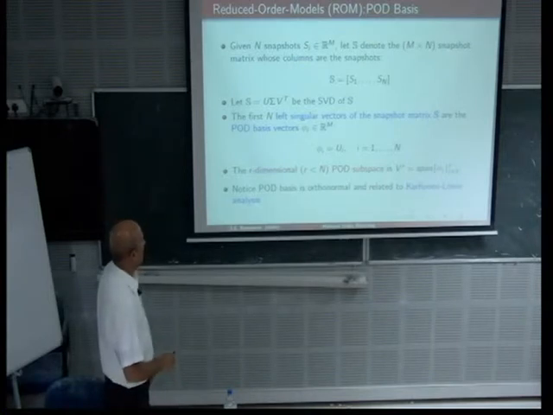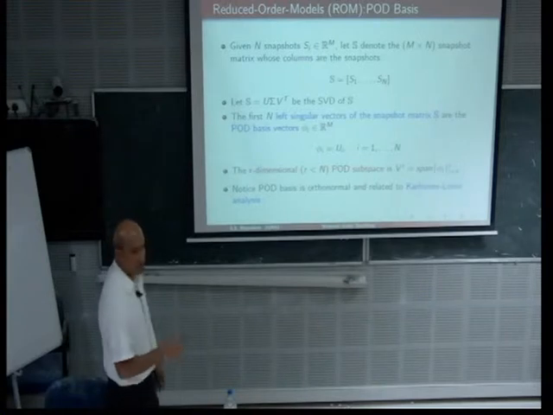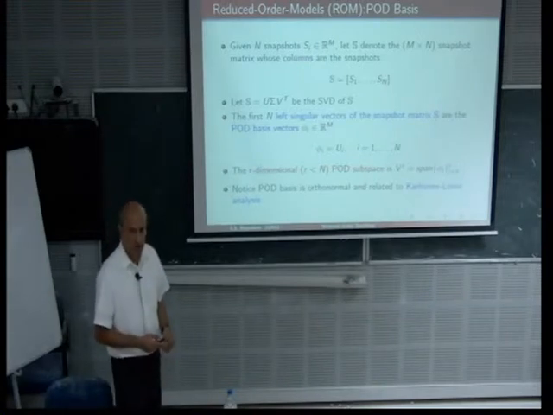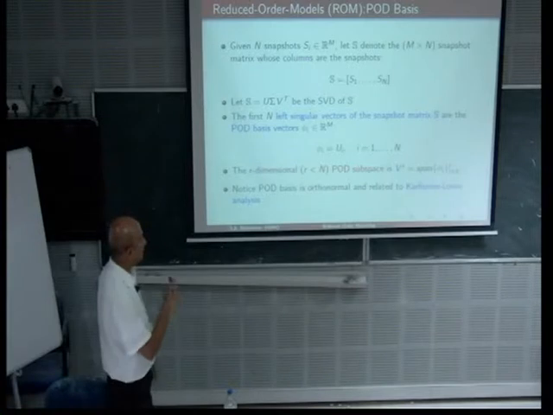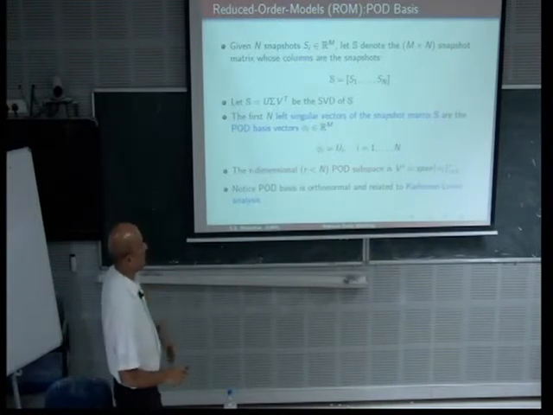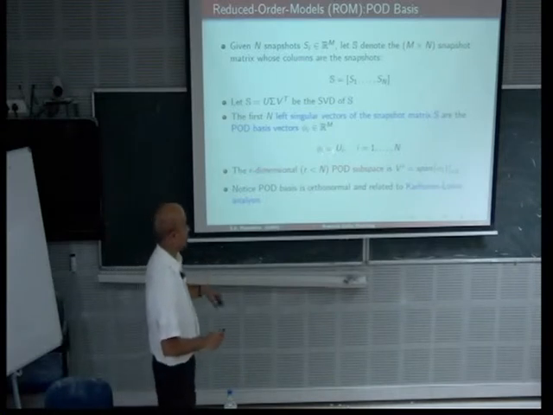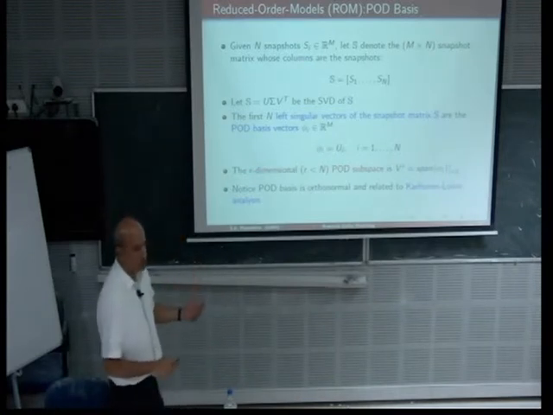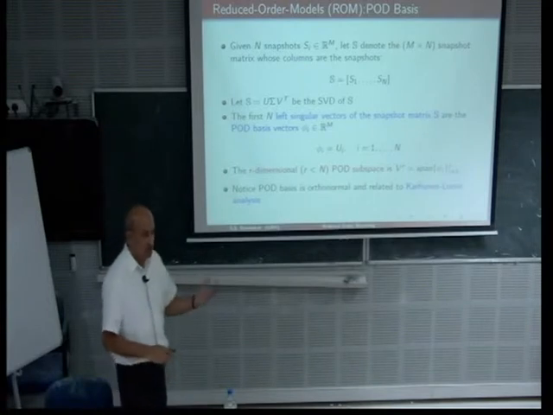Now the singular value matrix is a diagonal matrix whose diagonals are singular values. If the singular values decay in value, then you can ignore some of the singular vectors, and therefore there is the possibility of reducing or ignoring some of the vectors phi or u_i, because they correspond to singular values of small size.